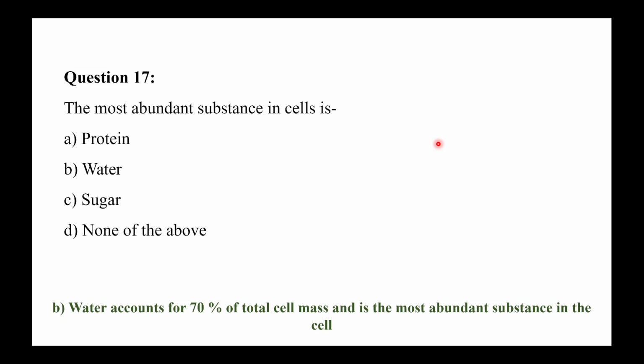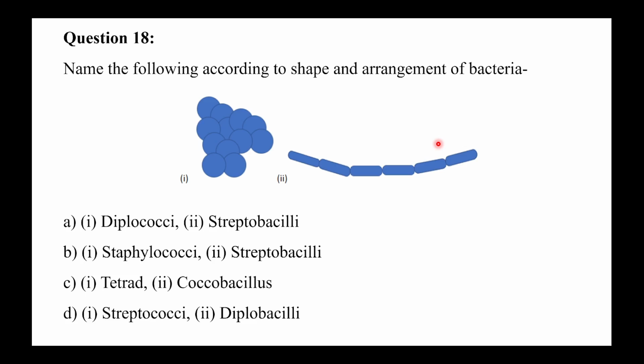From that 30% of the total cell mass, which is the dry weight of the cell, 55% was composed of protein. But overall, 70% of the cell is made up of water, and it is the most abundant substance in the cell. Okay, clear?